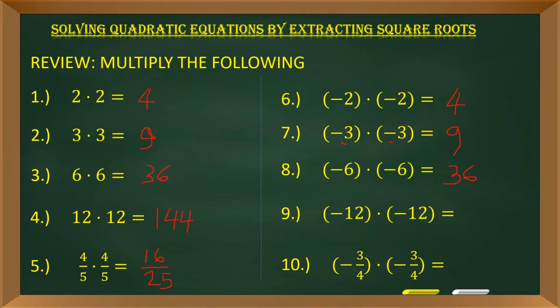Negative 12 times negative 12, that is positive 144. And negative 3/4 times negative 3/4, so the numerators have a product of 9 and the denominators have a product of 16.